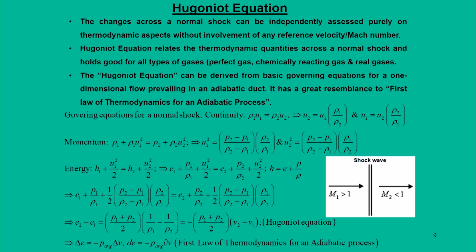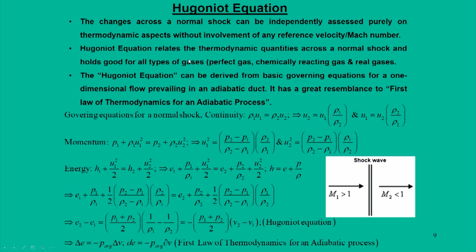Another important relation that we get from this case is called the Hugoniot equation. The Hugoniot equation talks about the thermodynamic behavior when the streamline crosses the normal shock. The changes across a normal shock can be independently assessed purely on thermodynamic aspects without involvement of any reference velocity or Mach number.